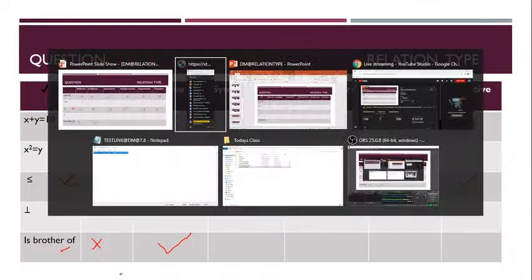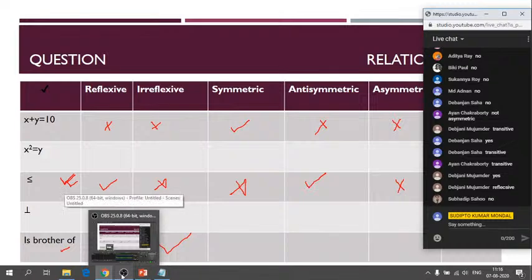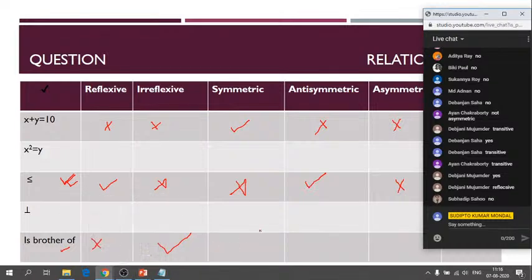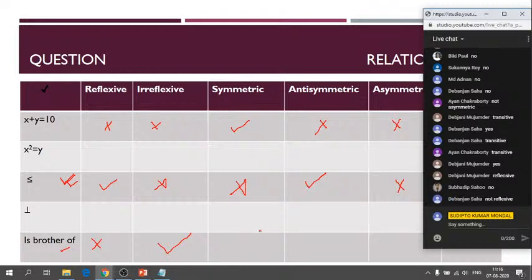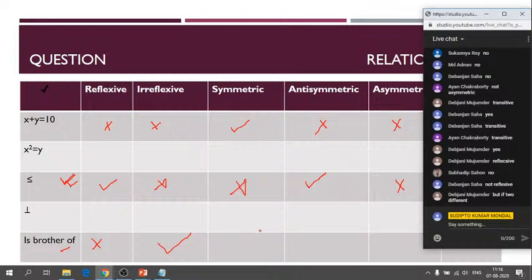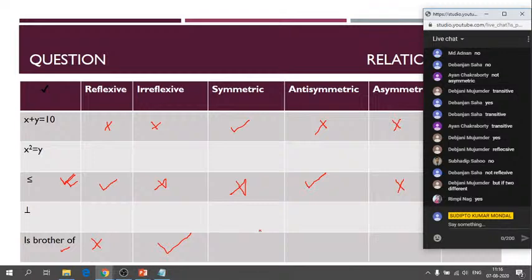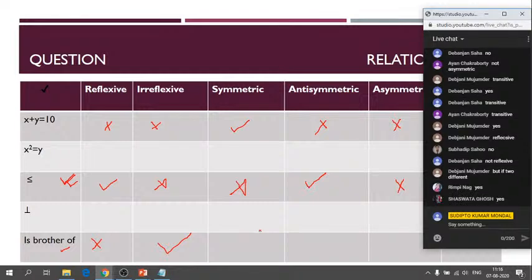Fine. Now I need your response. Is brother of symmetric or not? Most probably Rimpi or Saswato is answering this question, symmetric. Fine.